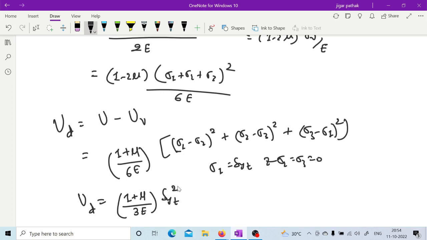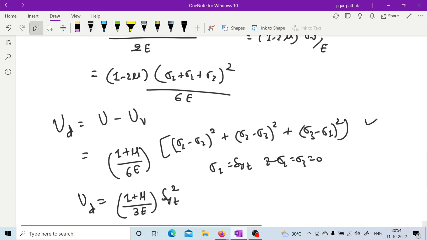So now once you have this Ud is equal to (1 plus mu) upon 3E times SYT square, you can now equate this Ud and the particular equation which you have got, right?